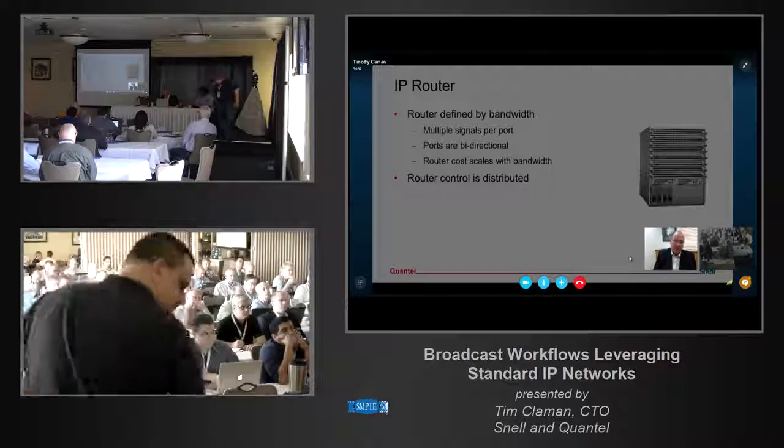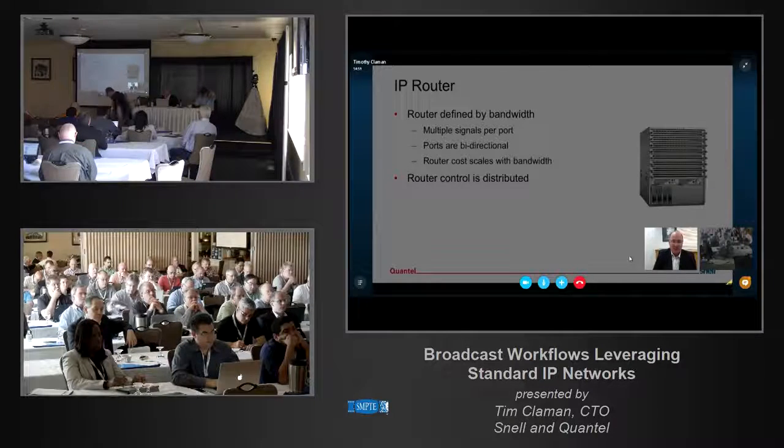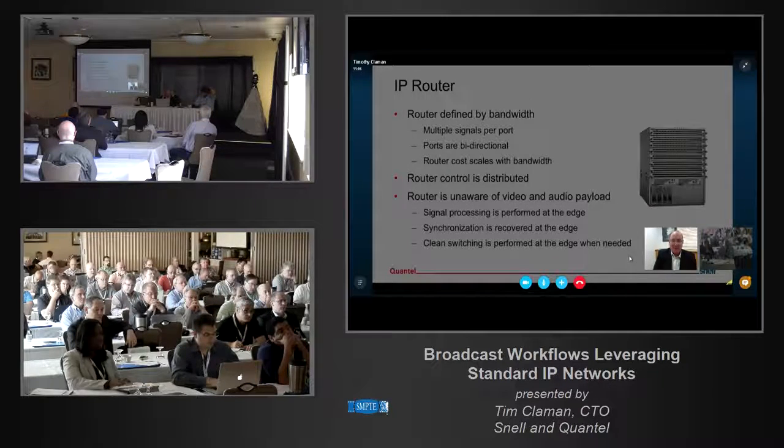Another difference is that IP networks support highly distributed topologies like the internet, and because all the data is packetized, the switch itself is really unaware of the types of data that might be passing through it. This means that the IP switch can't understand or interpret the content as easily.